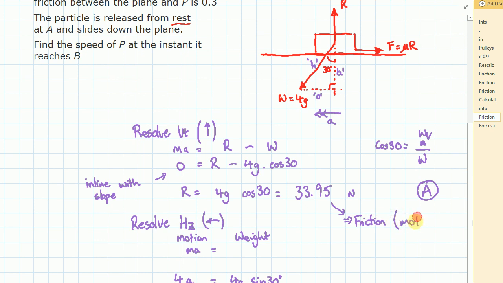Motion happens, but let's check friction anyway. F equals 0.3 multiplied by the 33.95. 0.3 times my memory A is 10.18 newtons.